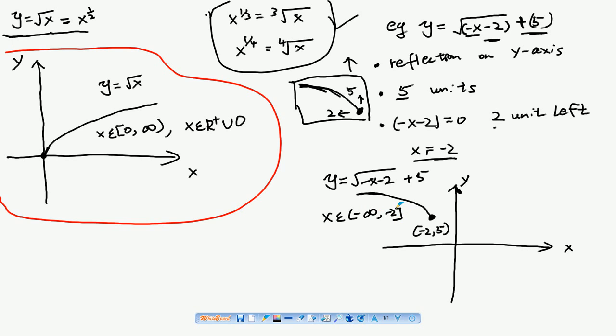Again, always label the domain, especially when the domain is not given in the question. And from the graph we can also say there's no x-intercept and y-intercept. If there are any, you can find your x-intercept by assuming y equals 0, and your y-intercept by assuming x equals 0.